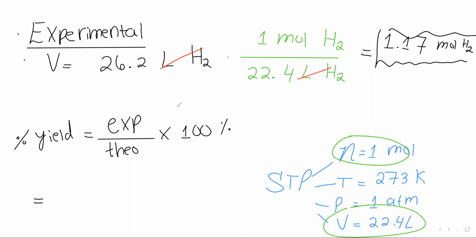Again, this is the experimental, which is 1.17 moles of H2, divided by the theoretical yield, which is, that was the 1.94.